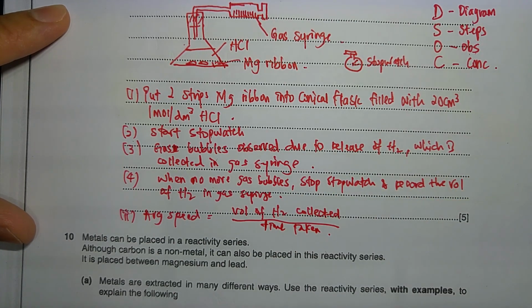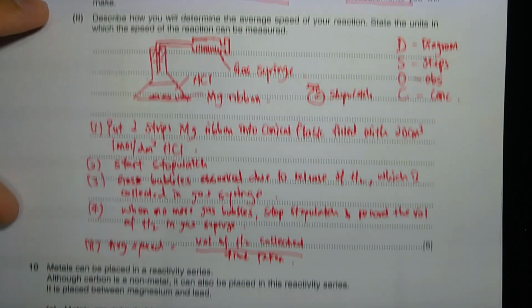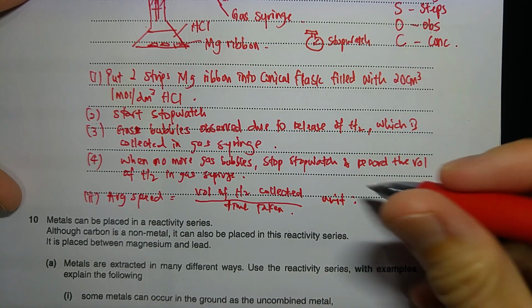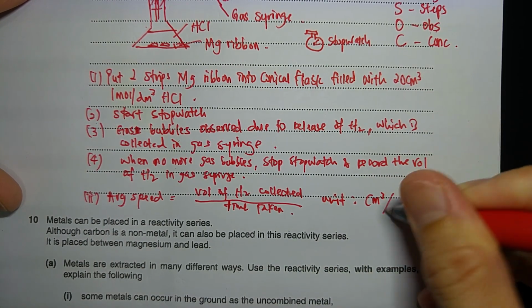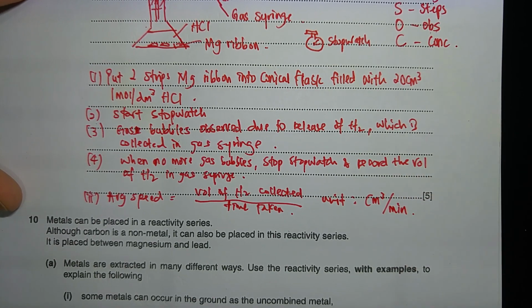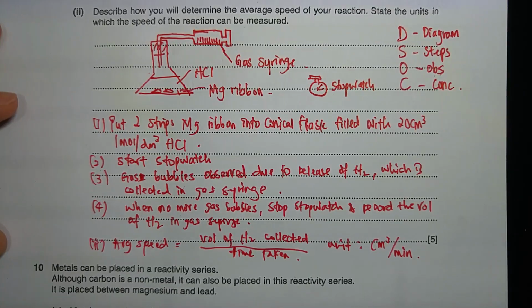Then state the units in which the speed of the reaction can be measured. Volume of H2 must be cm cube. And time taken can be in minutes or seconds. So that would take care of this question, 5 marks.